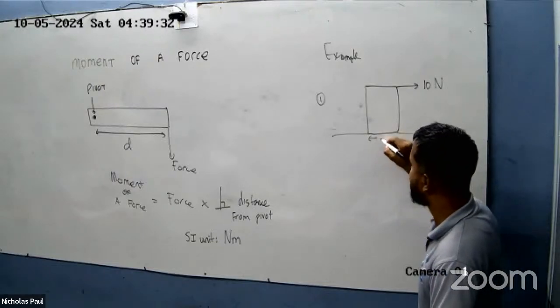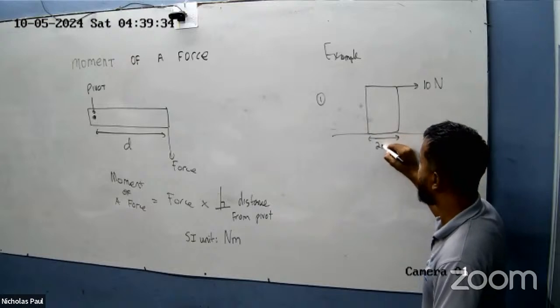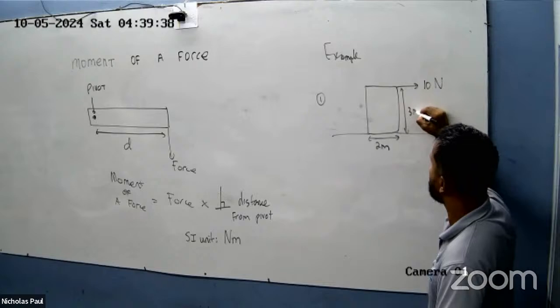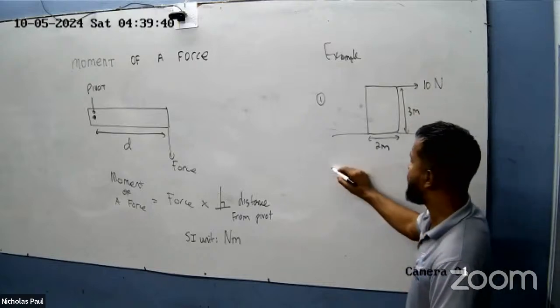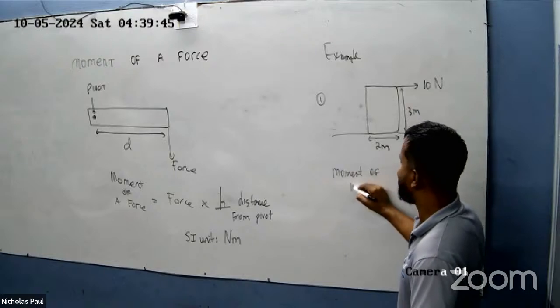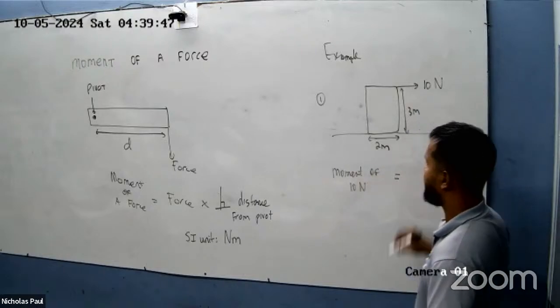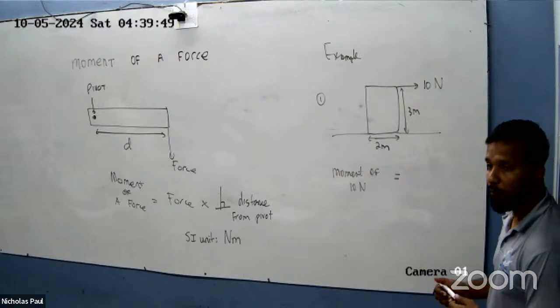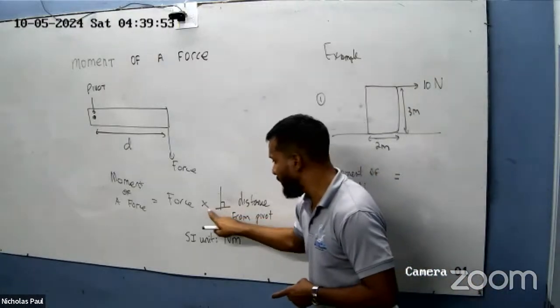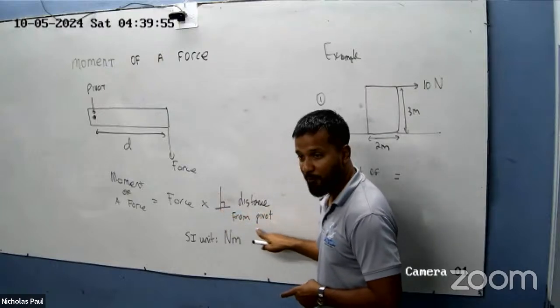One distance here, let's call that 2 meters, and the next distance here, 3 meters. And my question is, what is the moment of the 10 Newton force? We know it's force multiplied by perpendicular distance from the pivot.